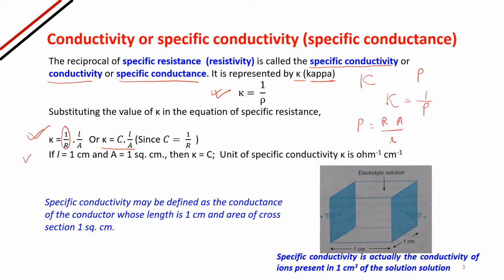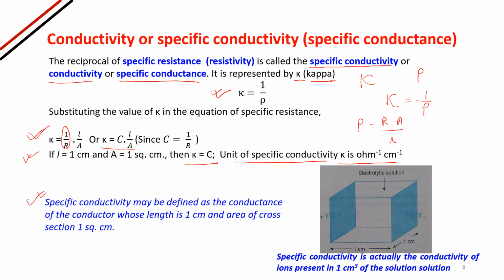So if L equals 1 and A equals 1, then kappa equals C. So the unit of specific conductivity kappa is ohm minus 1, centimeter minus 1.